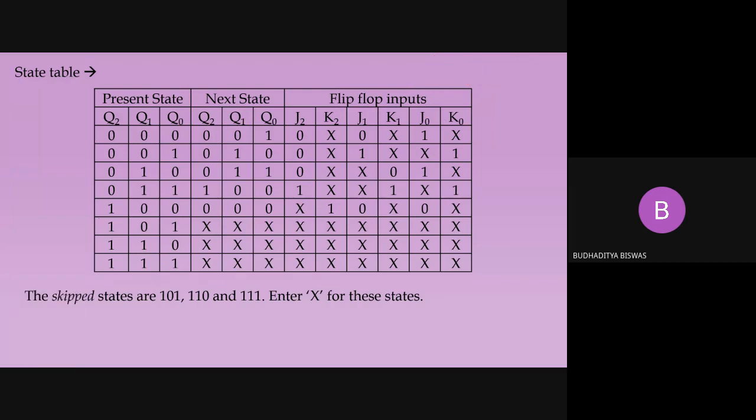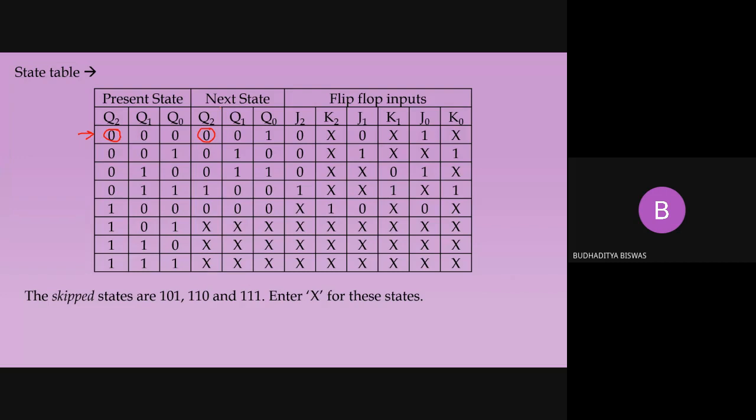Now, check here. For Q2, the present state is 0, and what is the next state? This is the next state of Q2 only. Don't read the total state. Only look at Q2. In the first row, the present state of Q2 is 0, and the next state is also 0. That is called a 0 to 0 transition.